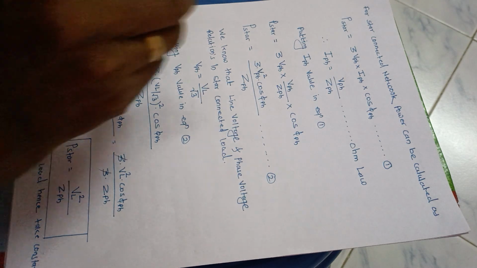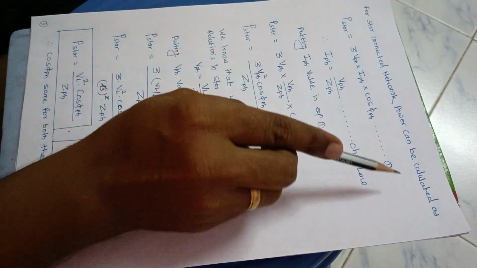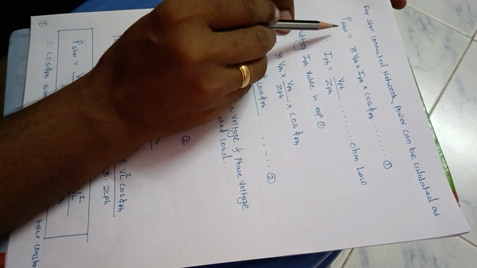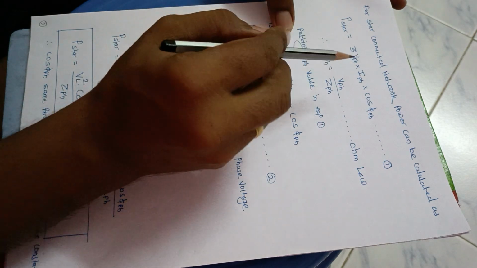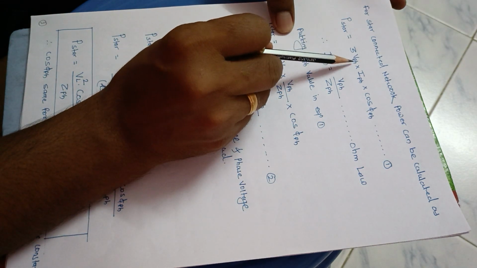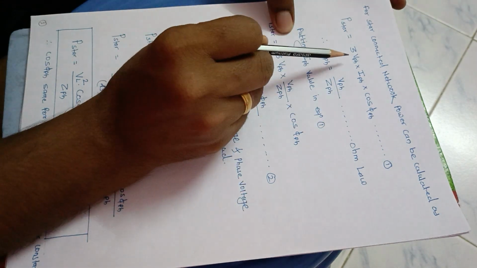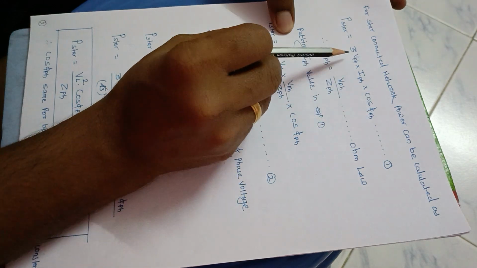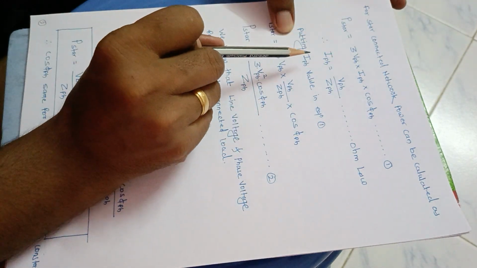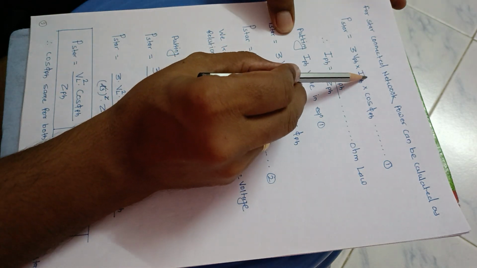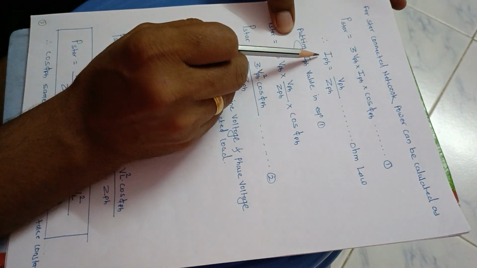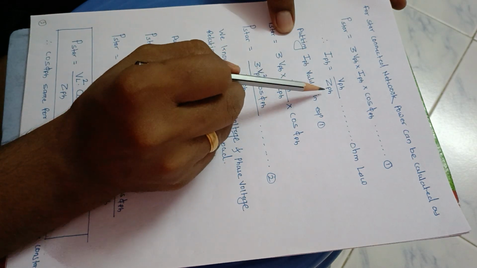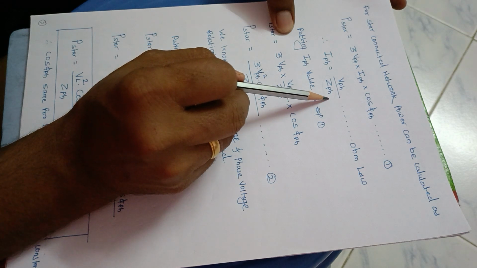So the power calculation for the star connected network is as follows. P star, the power of the star connected load, is root 3 VL IL cos phi PH, in terms of phase voltage, phase current, and power factor. Based on Ohm's law, we can replace IPH with VPH by ZPH, considering that ZPH for the star connected load as well as the delta connected load has the same characteristics.